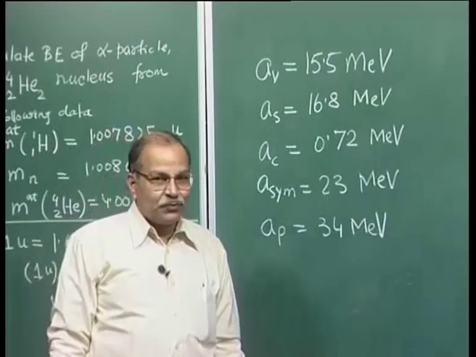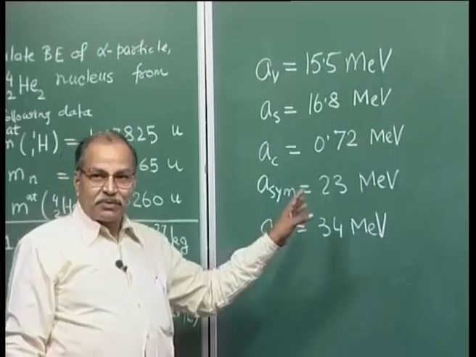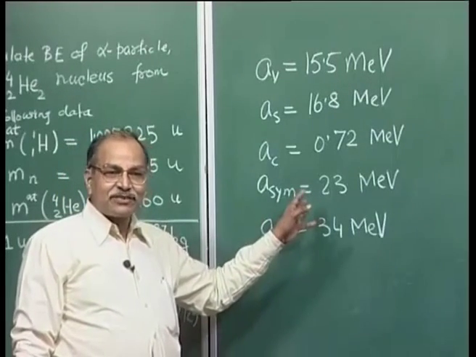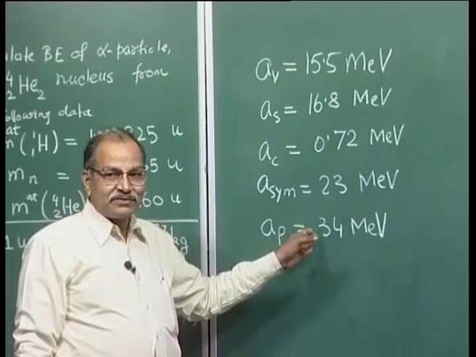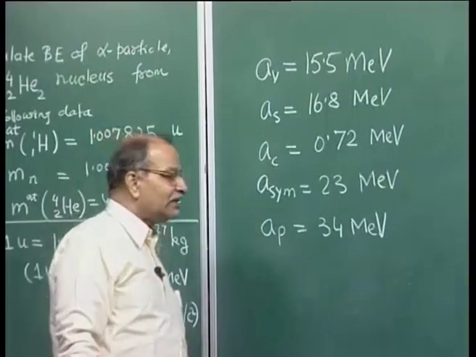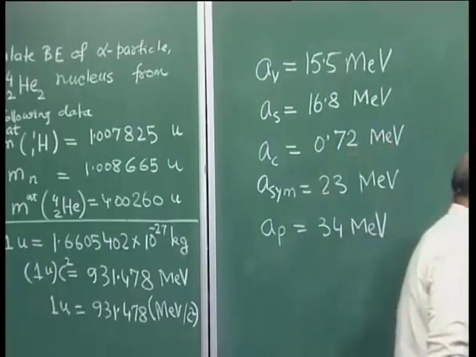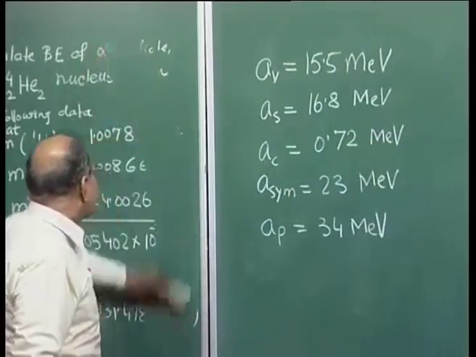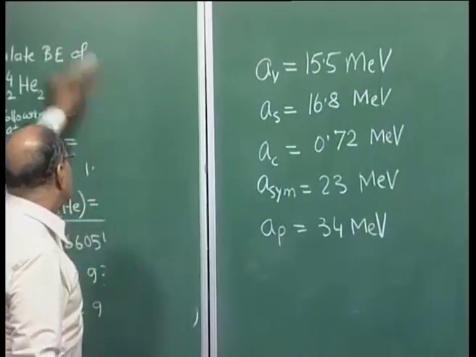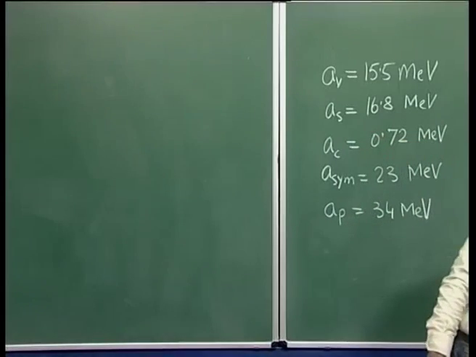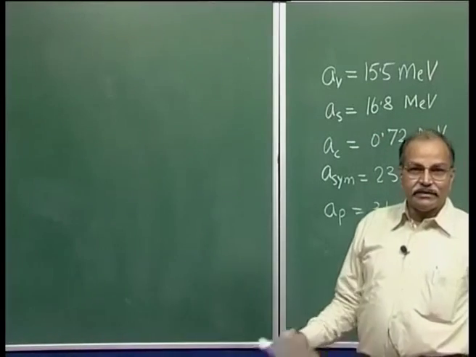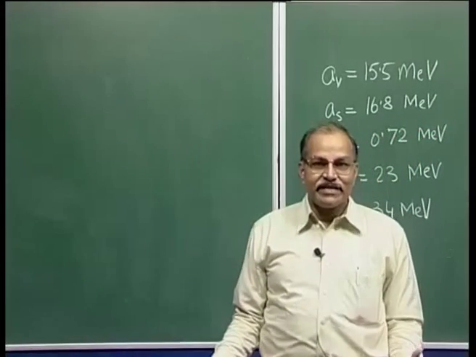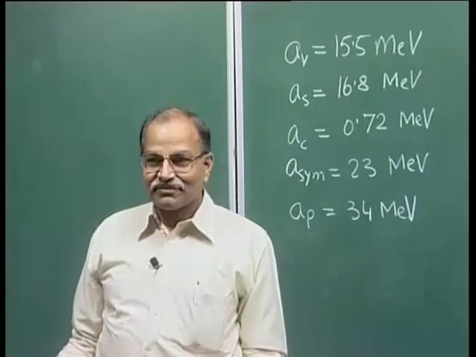Now we can understand certain properties, or systematics, of nuclei using this. The first thing I will do is find the values of Z and N for a given nucleon number. We had discussed that not any arbitrary combination of Z and N will give you a stable nucleus.